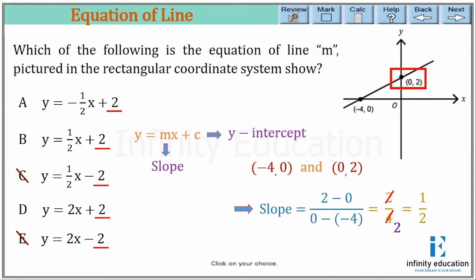So we have the slope as half. Now let's check the options one by one. The first one is minus half, so eliminate. The second one is half, it can be the answer. Option D is 2, so eliminate. So I am left with only one option, that is option B.